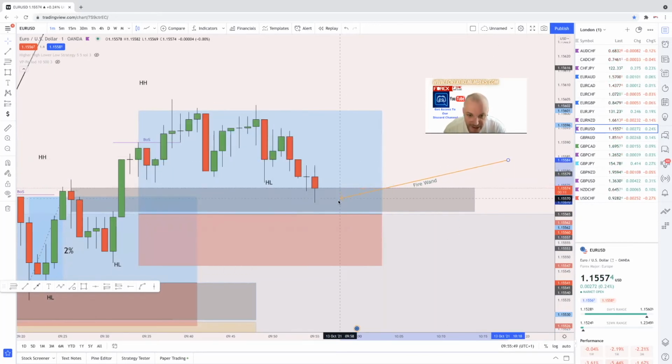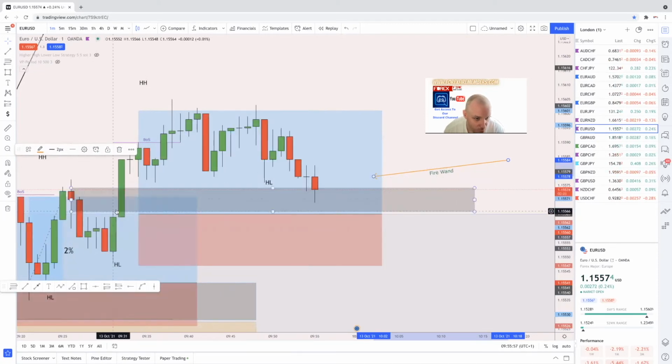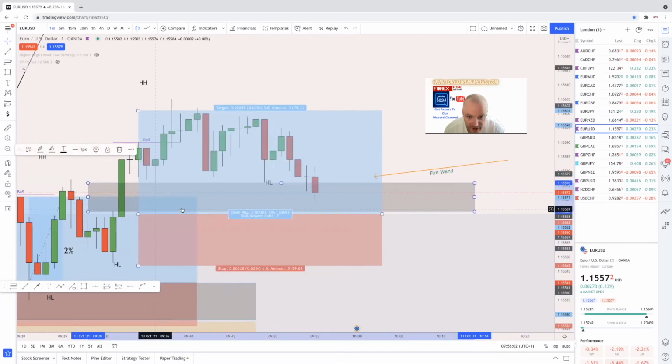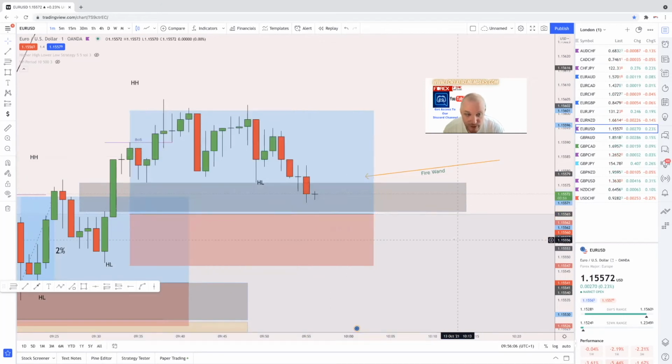So now we've mitigated, look at this, beautifully onto the 50%. How I always talk about 50%. The imbalance wick at this stage was to that wick there. We've come in more or less more than 50%.